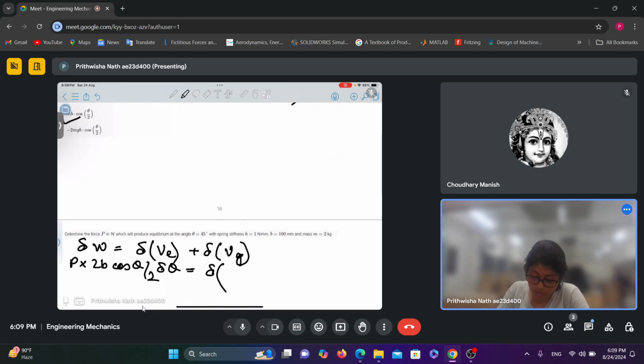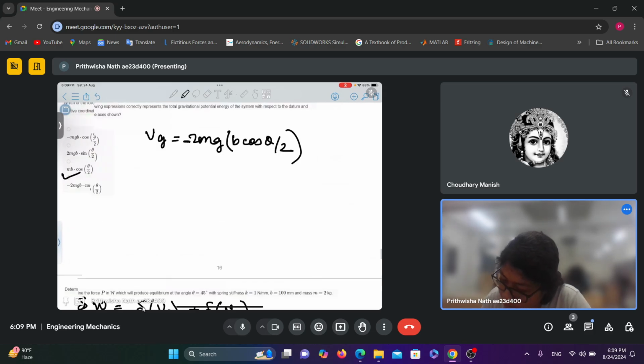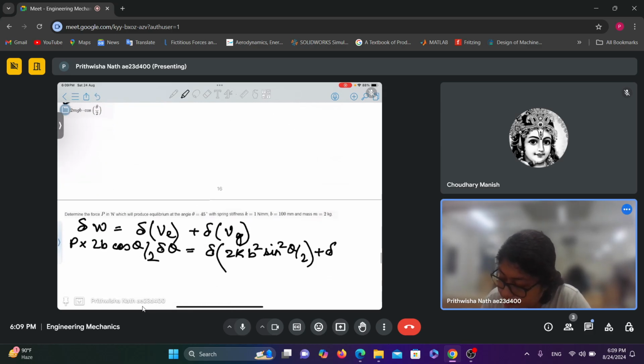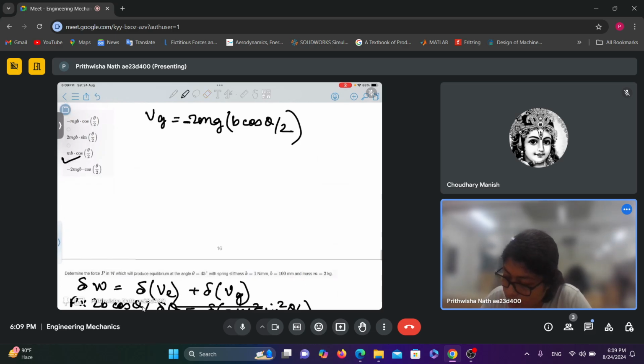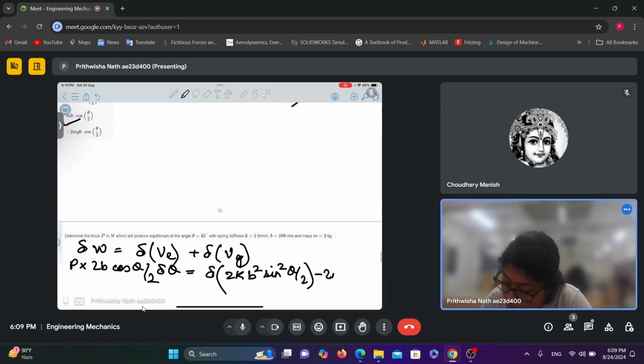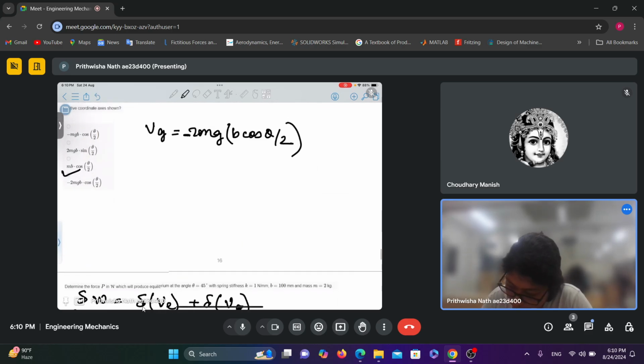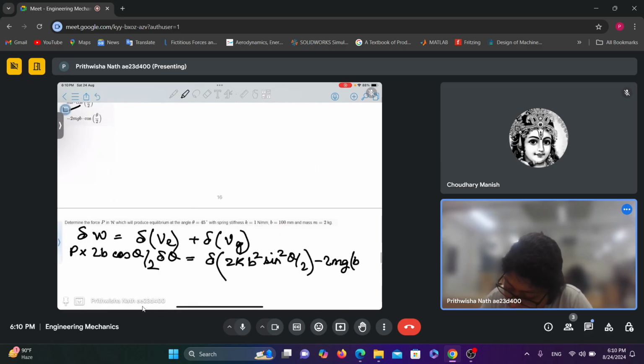So we got that to be 2kb square sine square theta by 2, plus, no, it was in minus, so minus 2mg b cos theta by 2.